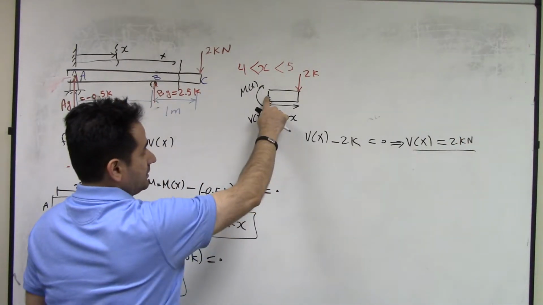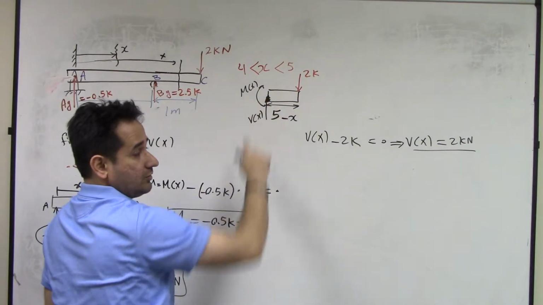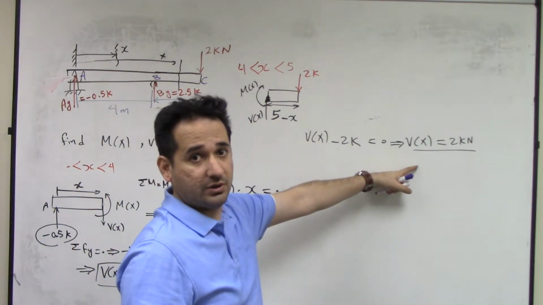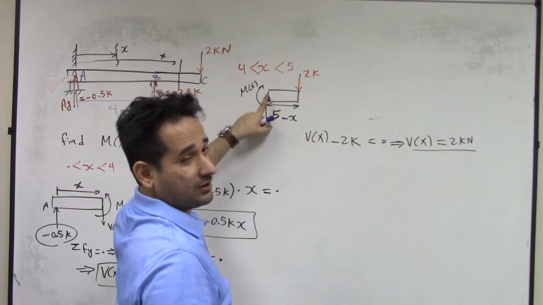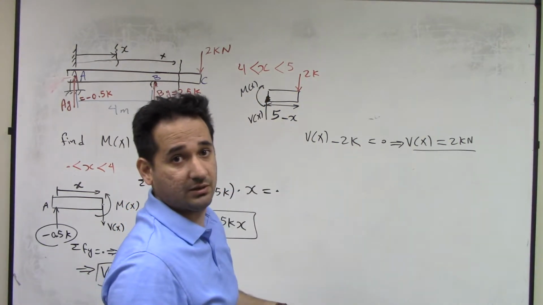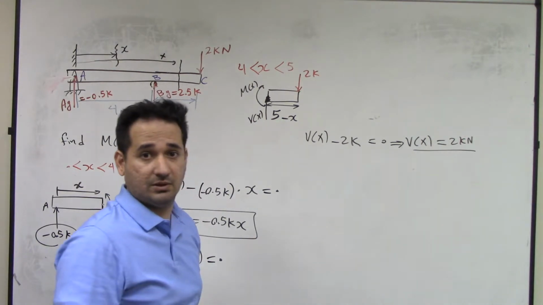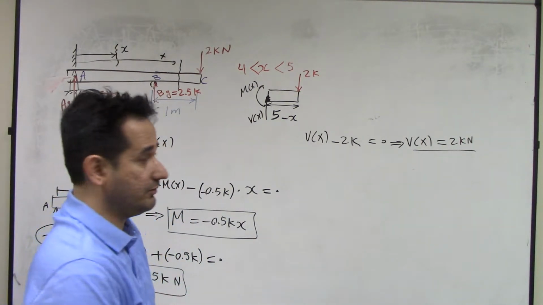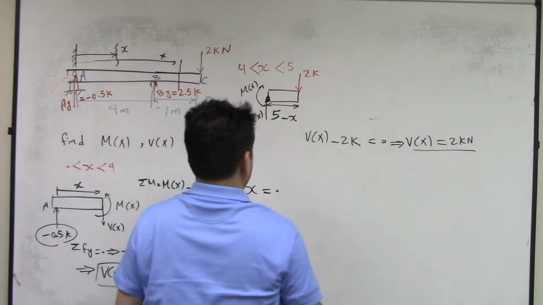Now let's find moment. Summation of moments. You can use integration, or you can just directly apply the equilibrium equation and find the moment without doing integration. I recommend this method, the equilibrium equation. It's a very quick way to compute it.